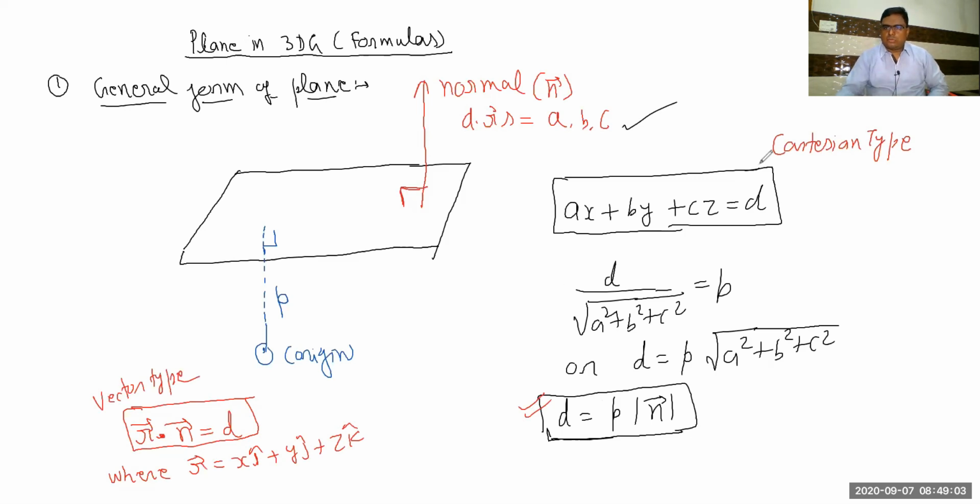Now we will take our next formula. The formula number two is normal form. General form we have already studied. Now second one is normal form.